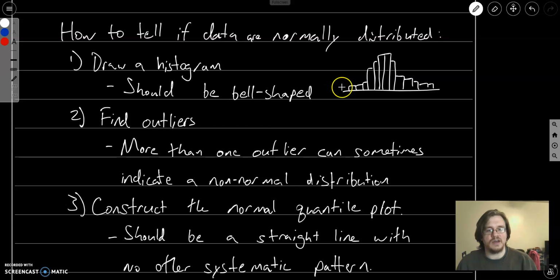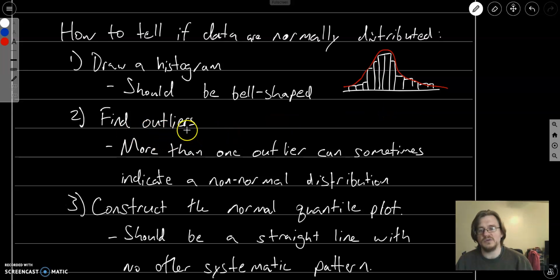So it should have that rough bell shape, and it should be symmetrical. And we've seen lots of pictures of these before. So if you can look at something and see that it's bell-shaped, we're going to imagine that it's going to be fairly normally distributed, or at least pretty close.